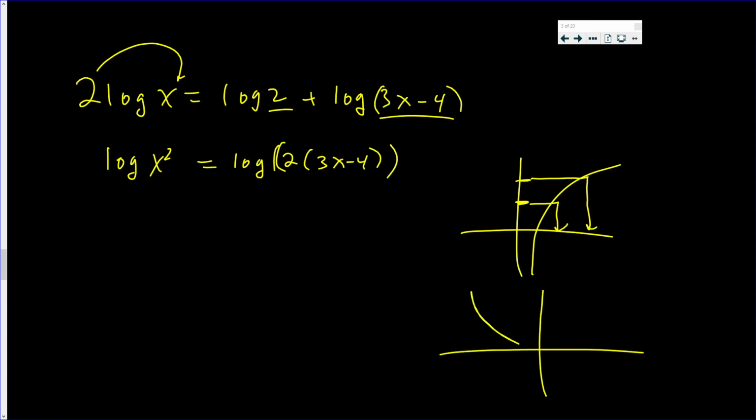Unlike if you have x squared. There are a couple of ways of getting this value. You can square that number, or you can square that number. That is, if f of x is equal to x squared, f of 2 can equal f of negative 2.